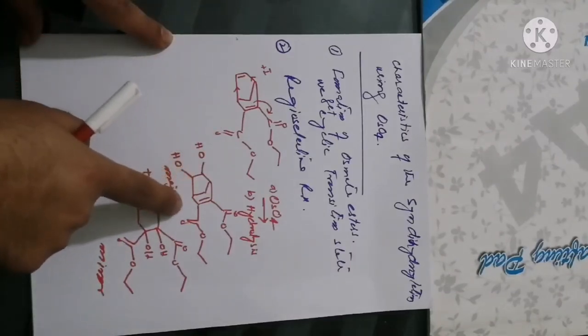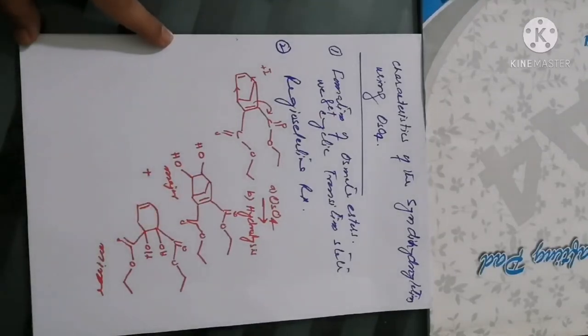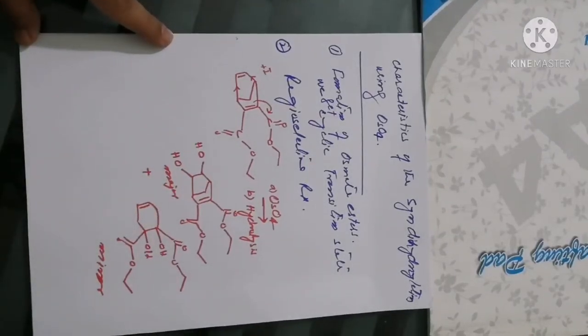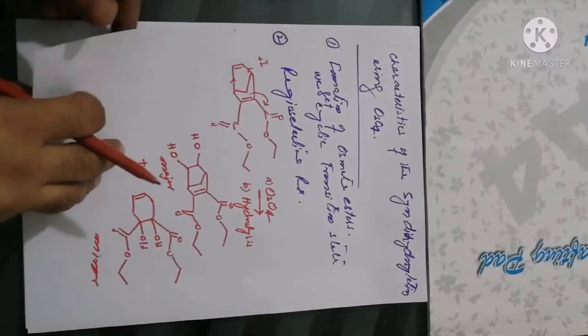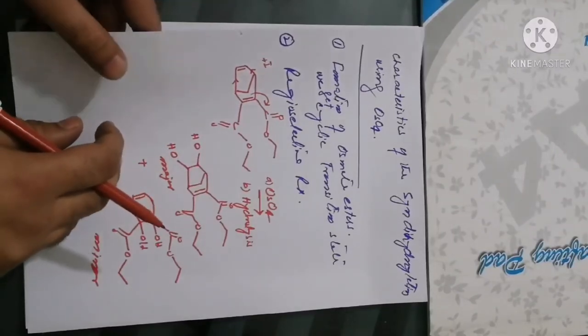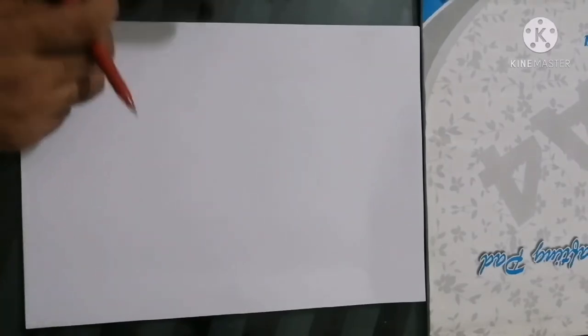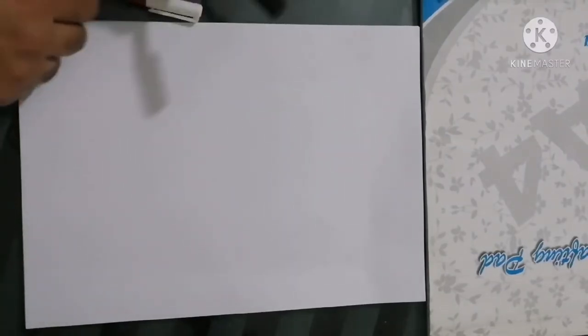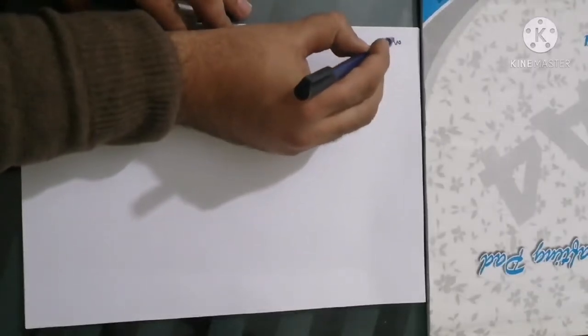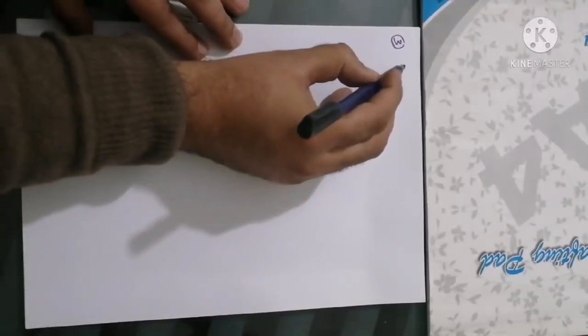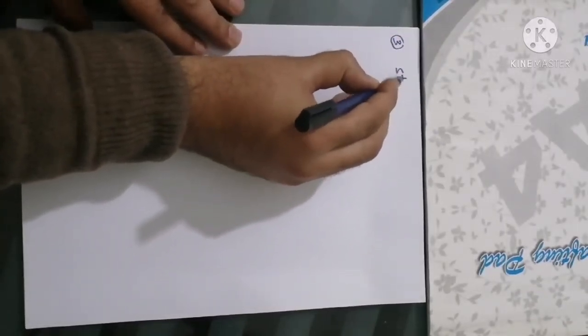This isomer will be in the predominant amount. Another characteristic of this reaction is the stereoselectivity, and that is very important from your examination point of view.